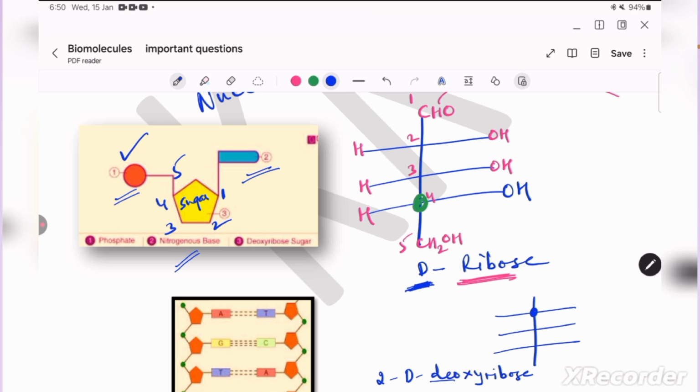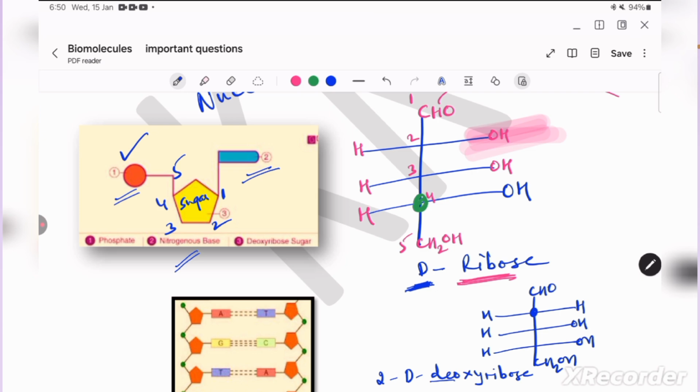So when you look at this OH, you remove the oxygen and just write the hydrogen over here, and the rest of the structure you draw the same way as in the RNA sugar. So this is how 2-deoxyribose looks.